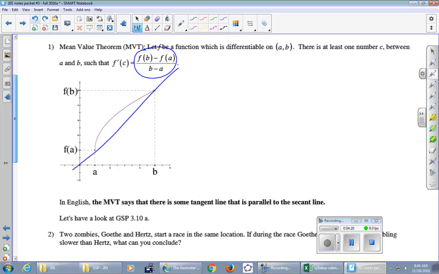Can you draw it? Can you estimate it? Just sort of eyeball where you think the point is. I'm pretty sure there's only one point in this picture where the tangent line is parallel to that secant line. So for me, it's maybe somewhere around there, which means that this number down here is what we are calling C. Okay?